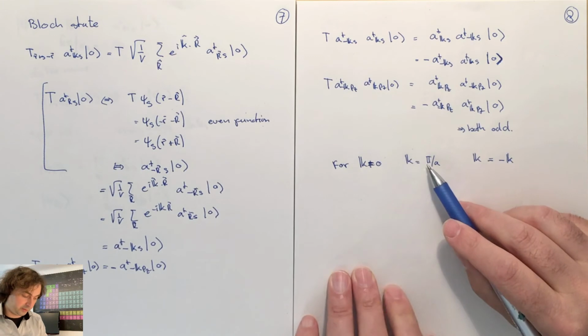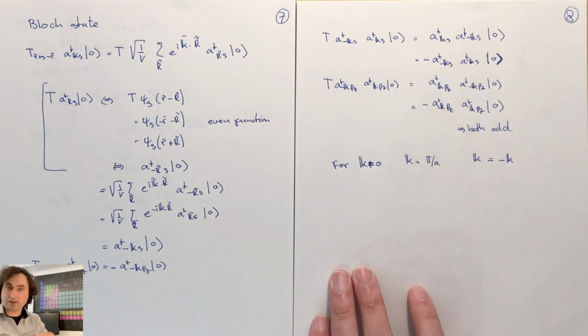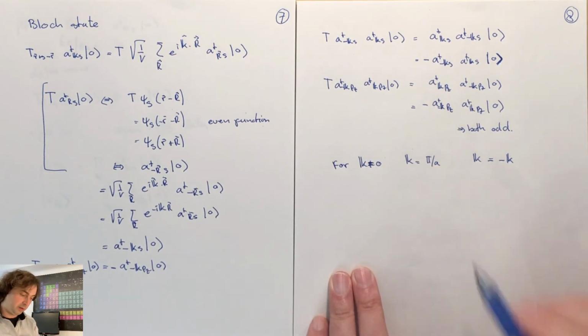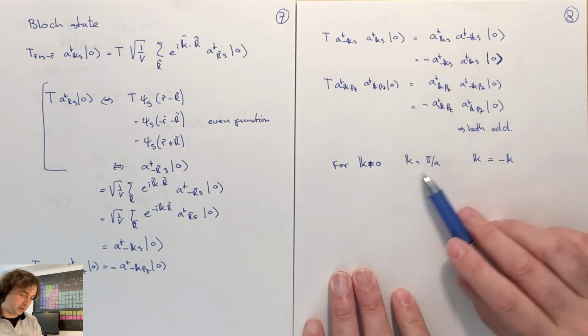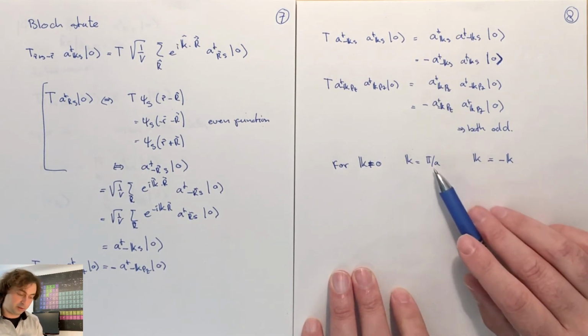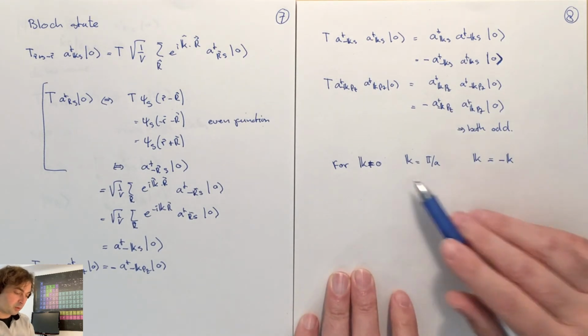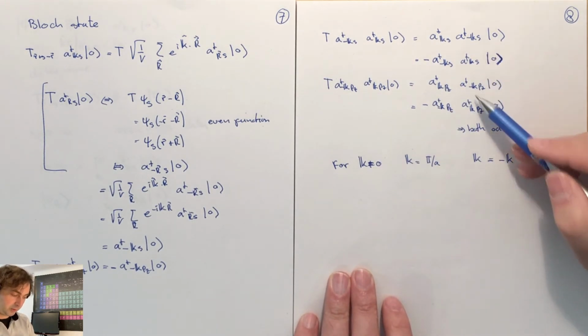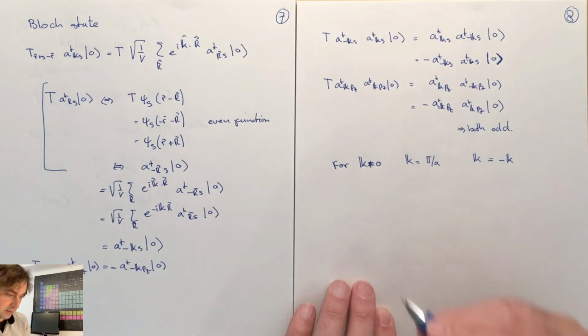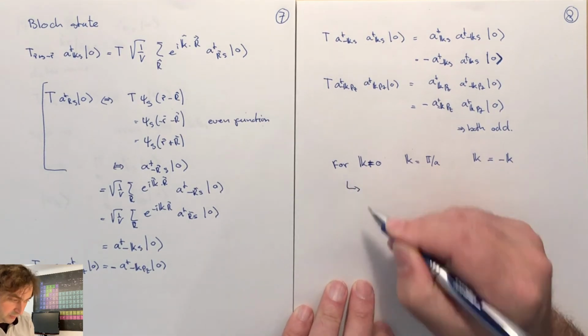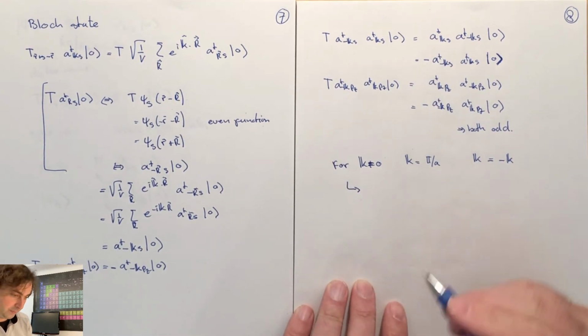Right, this is not the momentum, this is crystal momentum, such that your crystal momentum is periodic with a range such that k equals 0 is equal to minus 0 and pi over a is equal to minus pi over a. So for those wave vectors you're not allowed to build states like this. And we will have to treat these points separately.